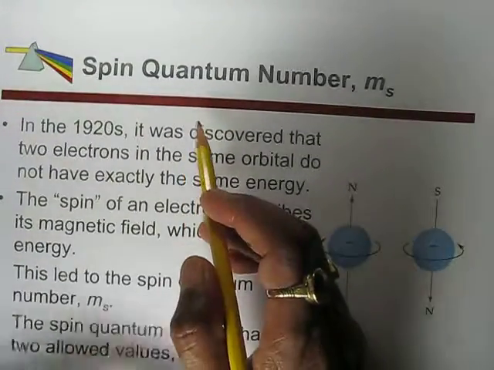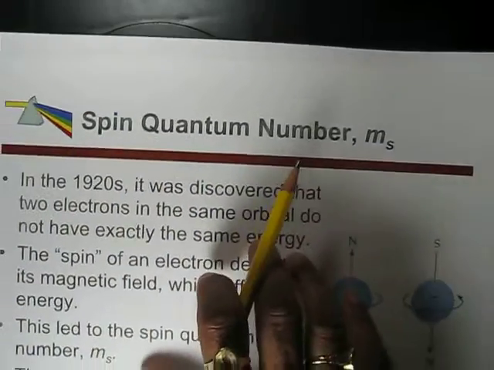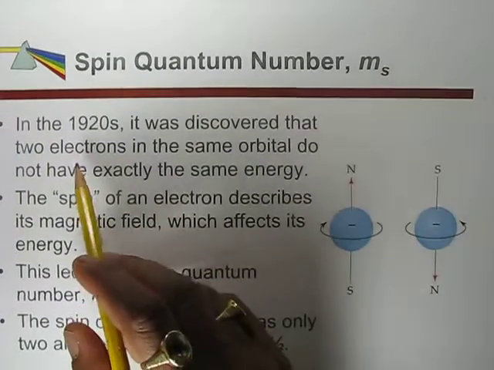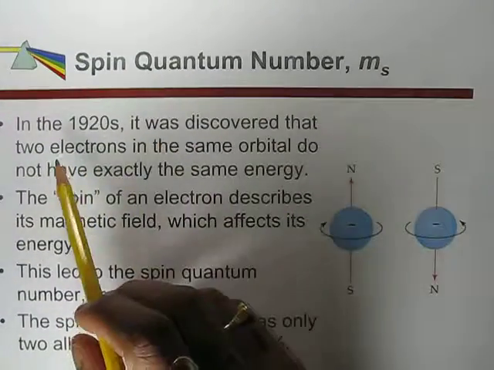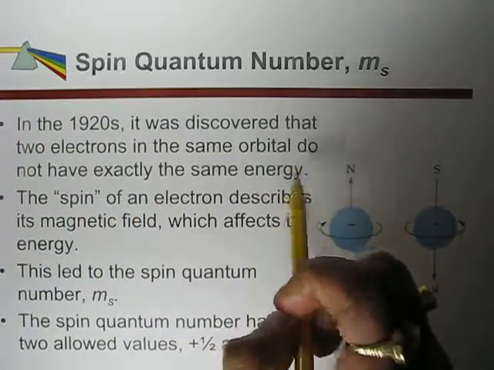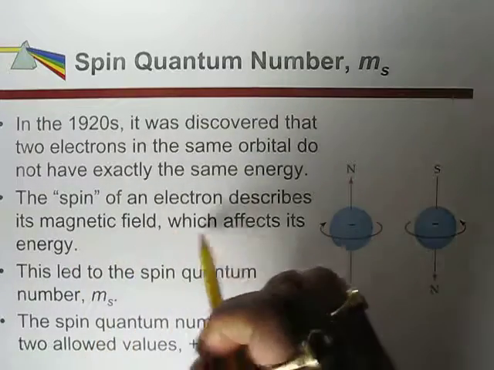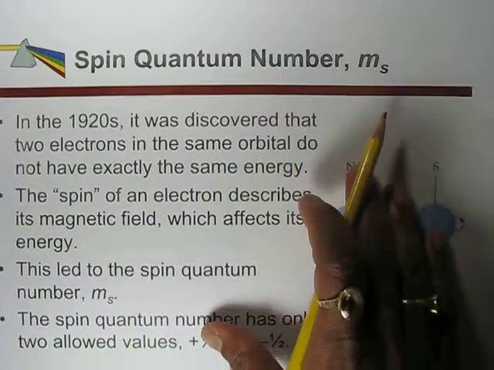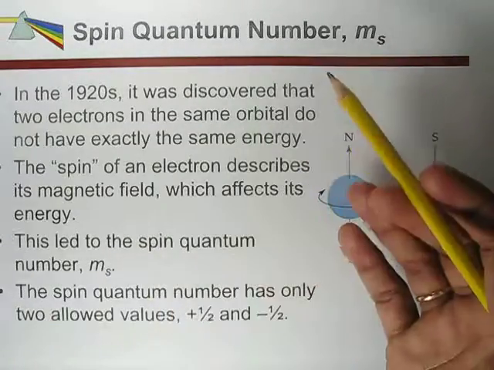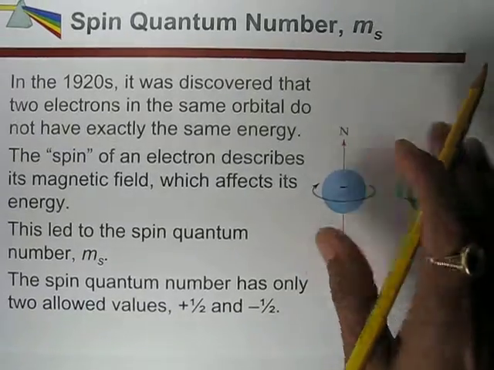So the last one is the fourth quantum number, the spin quantum number, which is represented by small ms. In 1920 it was discovered that two electrons in the same orbital do not have exactly the same energy. The spin of the electron describes the magnetic field which affects its energy, and this led to the spin quantum number, which is a new one, that came very late after quantum mechanics.